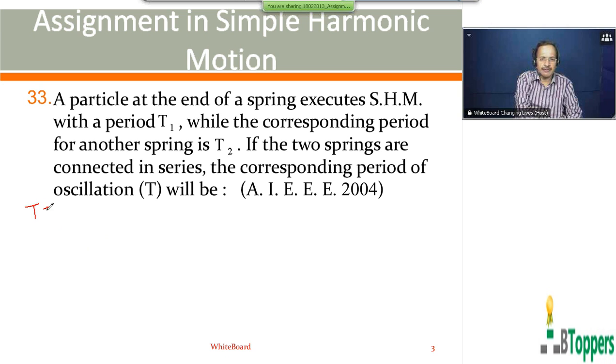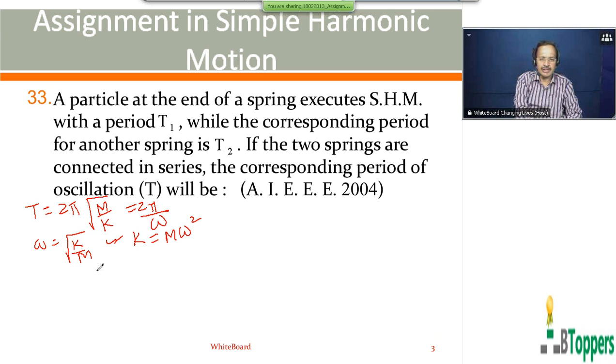So the time period of oscillation of mass m suspended by spring is given by 2 pi root of m by K. You can write 2 pi by omega, or omega can be written as root of K by m. If you square both sides, you can write K equal m omega square.